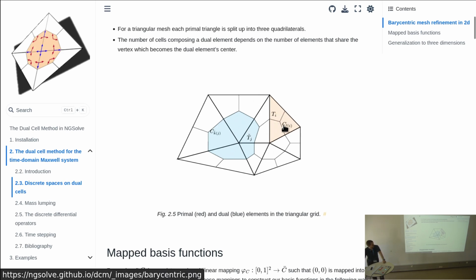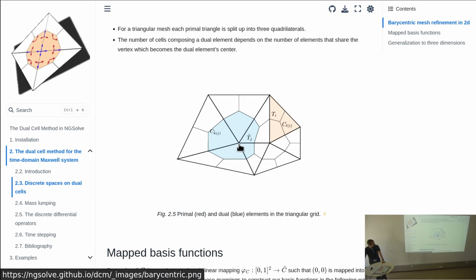And so we have this orangish, purplish primal element, which consists of these three quadrilaterals. And then here we have this dual element, which consists of 1, 2, 3, 4, 5 quadrilaterals. So each primal element consists of 3 cells, but the dual elements can consist of as many cells as this vertex has adjoining triangles.